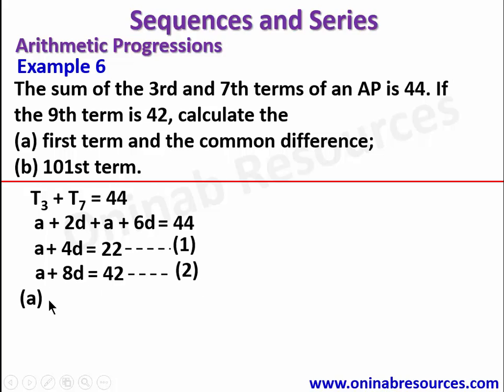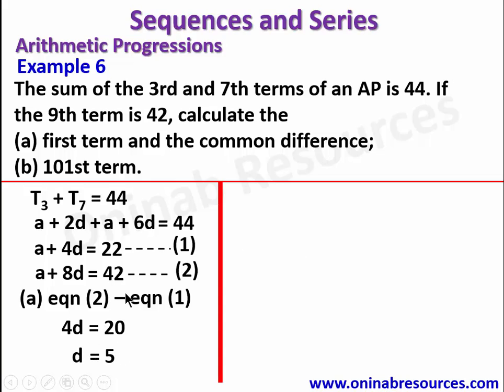Again, to calculate the first term and the common difference, we say equation 2 minus equation 1. A minus A gives 0. 8D minus 4D gives 4D. 42 minus 22 gives 20, and D is equal to 5.